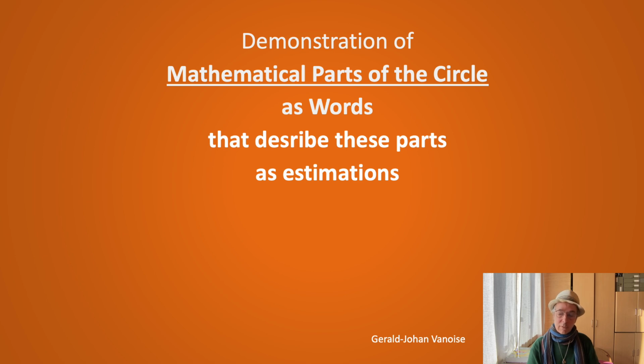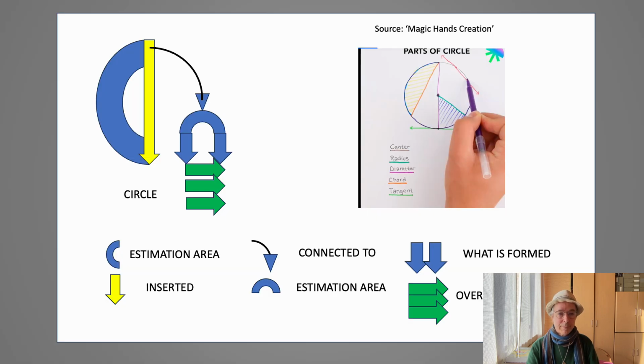And I thought, why not prove it a little bit by using more mathematical descriptions, as for instance the mathematical parts of the circle and the words that are used for it. They should also describe the specific parts that we want to describe.